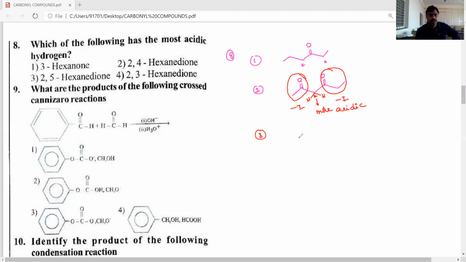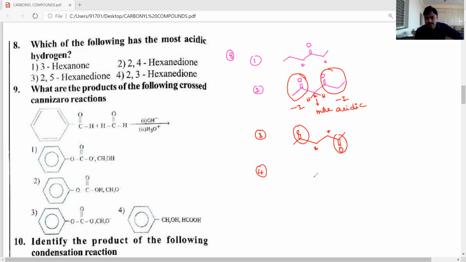Let's see the third one, hexane-2,5-dione. Here the C double bond O groups are separated by a large distance. That's why these middle CH2 groups are less acidic when compared to the second option, and more acidic when compared to the first option.